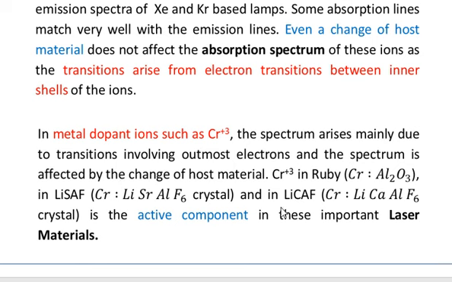LiSAF, LiCAF, and ruby, of course, are three very important laser materials. And what is the active component in these? Chromium ion is the active component in these crystals. So you see that these three, that is ruby, LiSAF, and LiCAF, are the important laser materials.